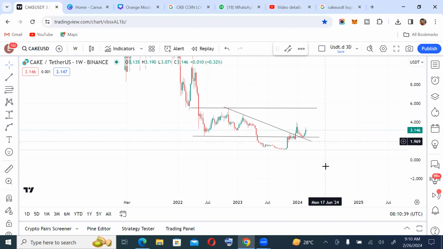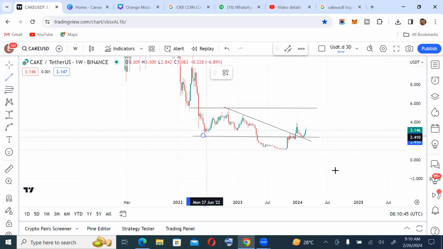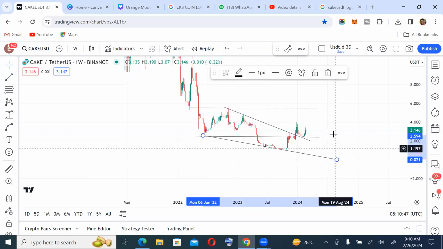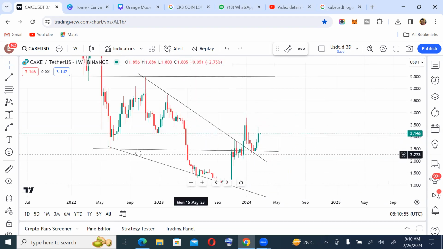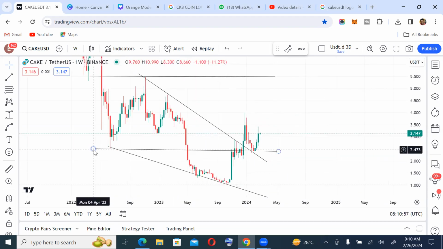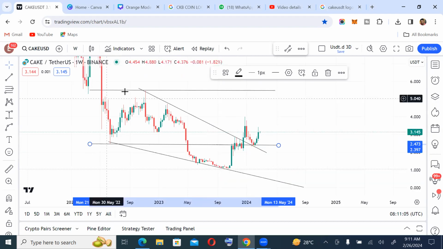A falling wedge, rather. And you see this? Falling wedge, a breakout, a retest at this point here, which is the range low of our range structure. This is a range low, range high.